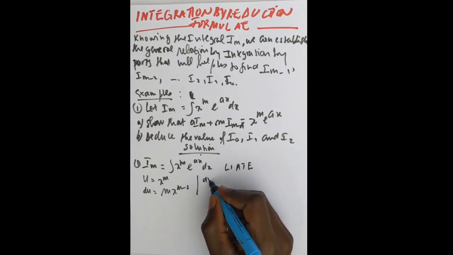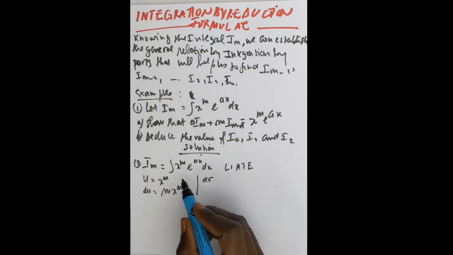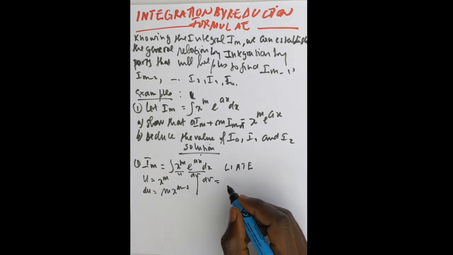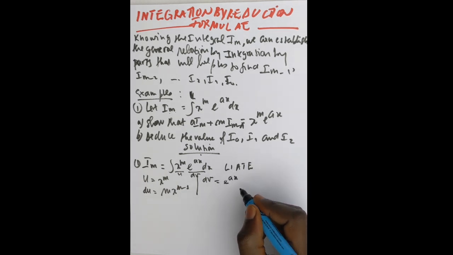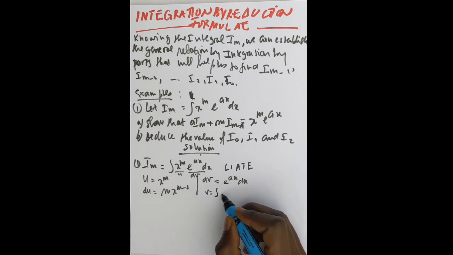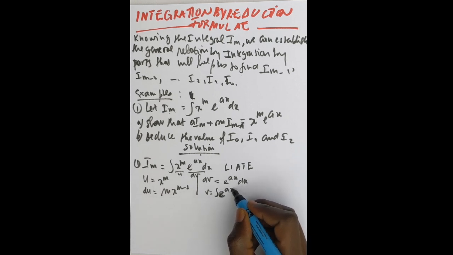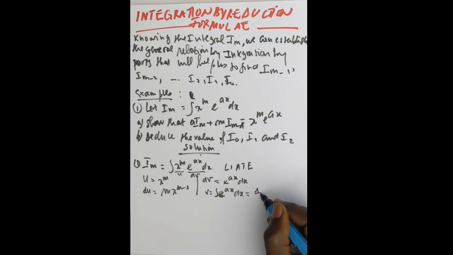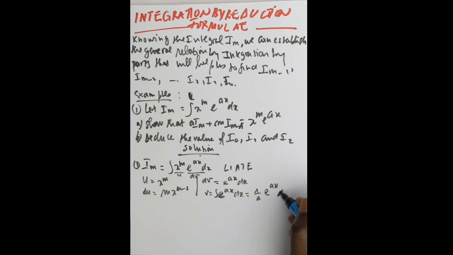This is u and this is dv. dv is e power ax dx. This means that v is equal to the integral of e power ax dx, which is equal to 1 over a e power ax plus c.